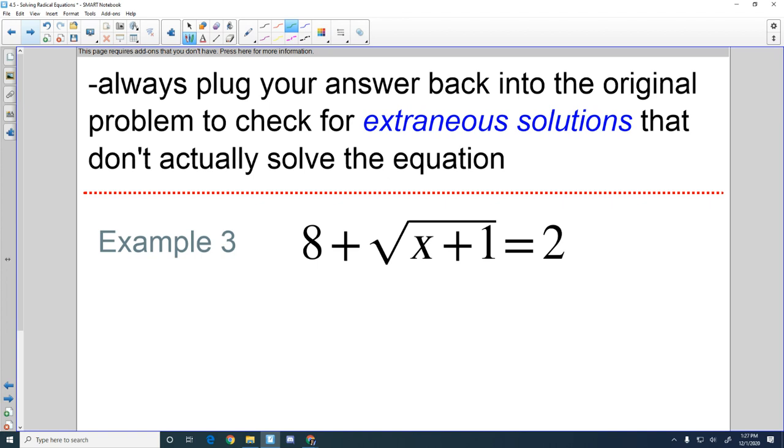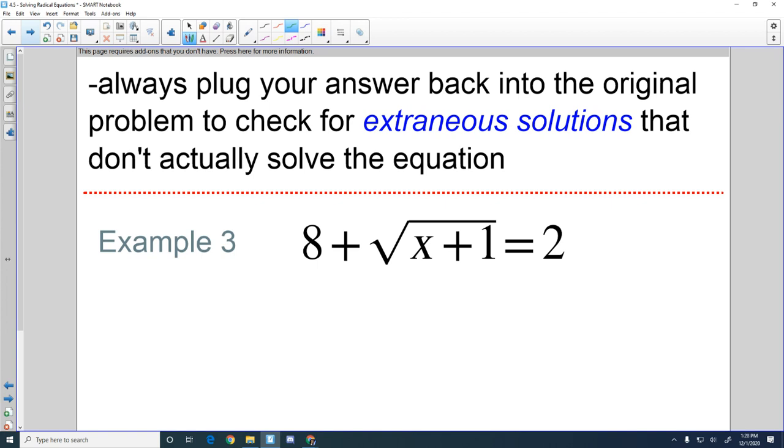All right, now here's the part that you don't like. Checking your answer. And we haven't been doing that, but sometimes we get something that's known as an extraneous solution. And what's going to happen here is we're going to solve this problem. We're going to get an answer, and all of our algebra is going to be good. It's going to be correct. It's going to be like, wait, I did every step the right way. I know I did my math right.